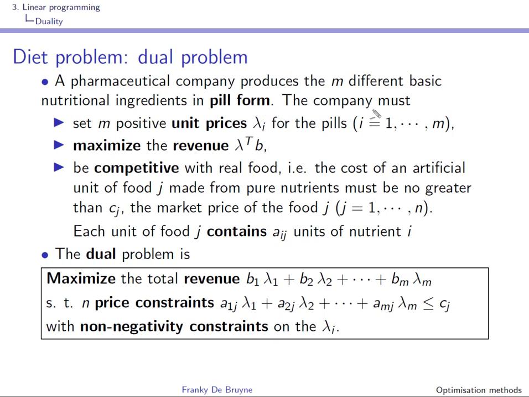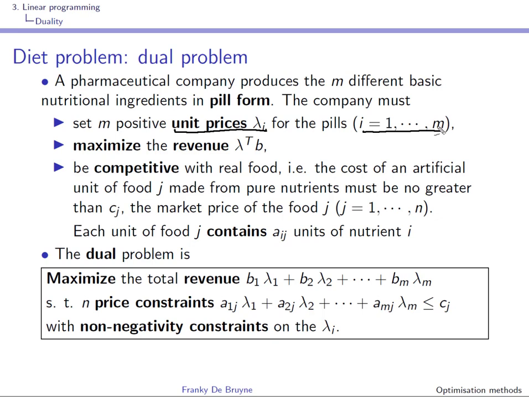The company of course must set unit prices, and we'll call them lambda i for the pills, and the lambda i here will be the operational variables, and there will be i ranging from 1 to m prices to set, because there are m nutrients.